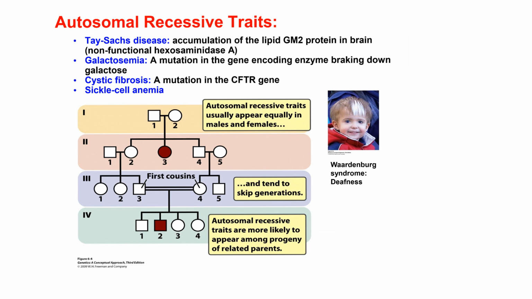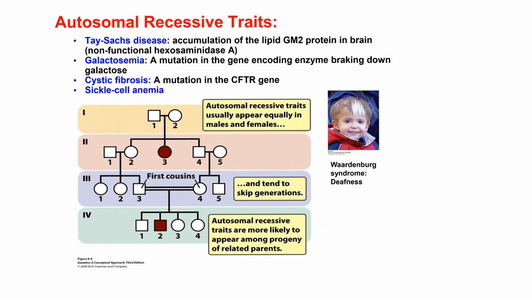So what are the characteristics of autosomal recessive traits? Firstly, they appear equally or may appear equally among males and females. There is no clear link to one sex. Secondly, because they are recessive and can be masked by a dominant trait, they can skip several generations.